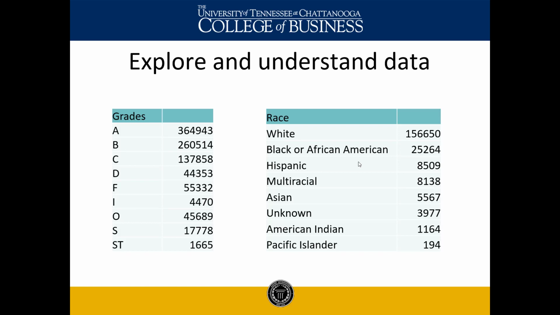And then again, when you take race, you see you have so many different races. Some of them are very, very small in number. So again, what do we do? Do we keep all of them? There are some reasons why you don't want too many categories for a categorical variable.